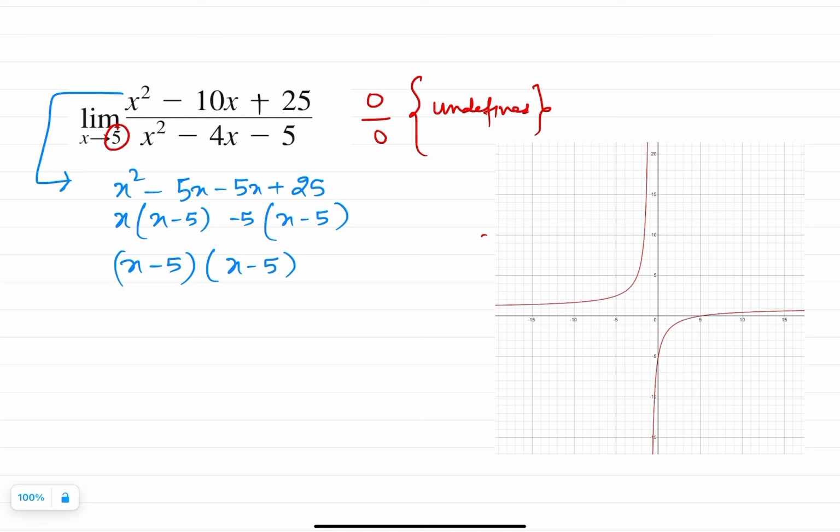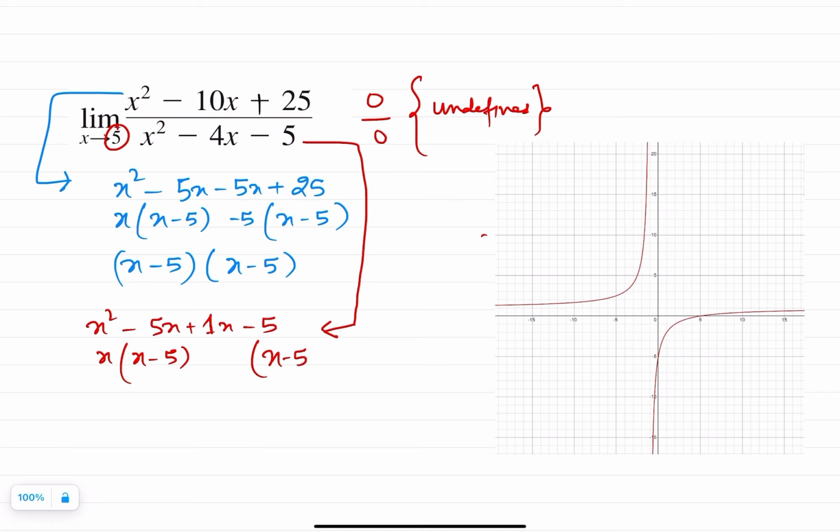We can do the same for the denominator. That is x squared minus 5x plus 1x minus 5, x minus 5 times x, plus 1. The factors are x plus 1, x minus 5.